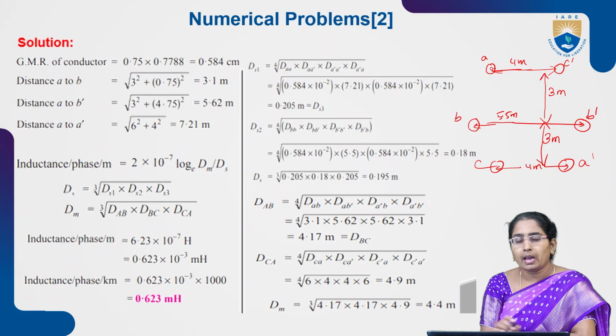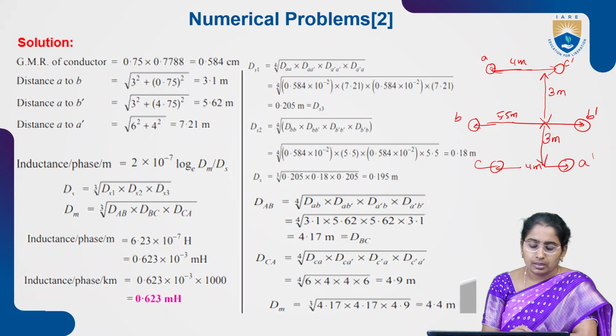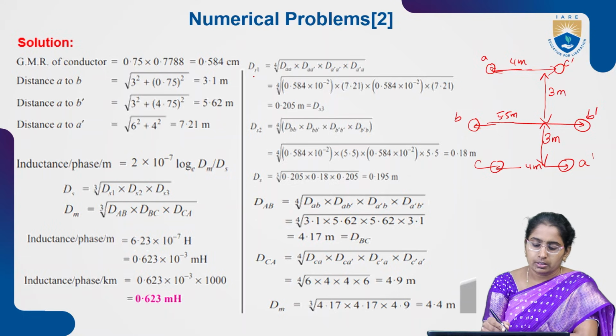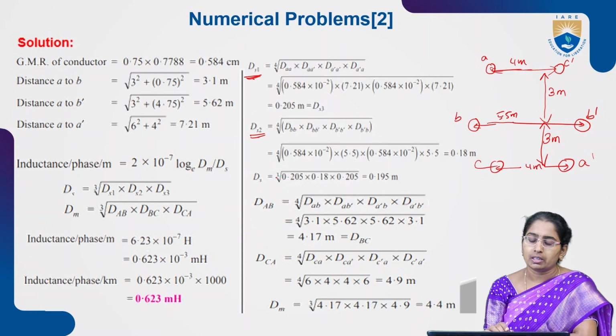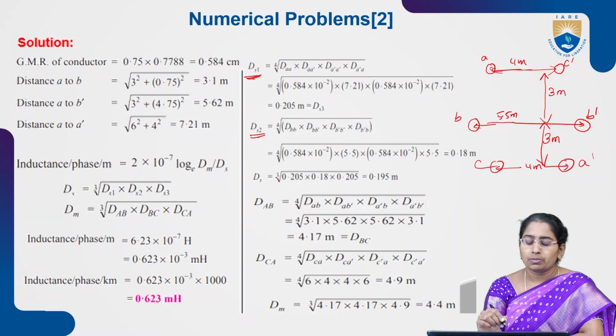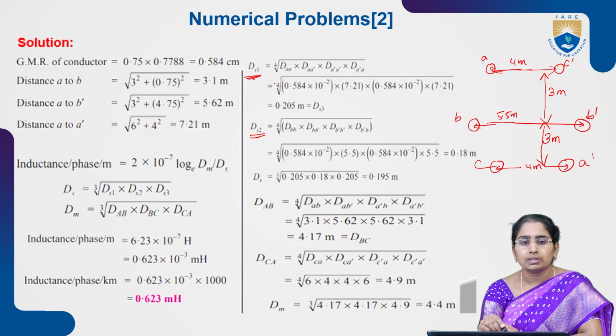Now first they are calculating, because we know how to calculate Ds1, Ds2, and Ds3, finally Ds. What is Ds1? Fourth root of DAA. So self GMD with respect to one phase, means due to the multiple conductors present in the same phase.